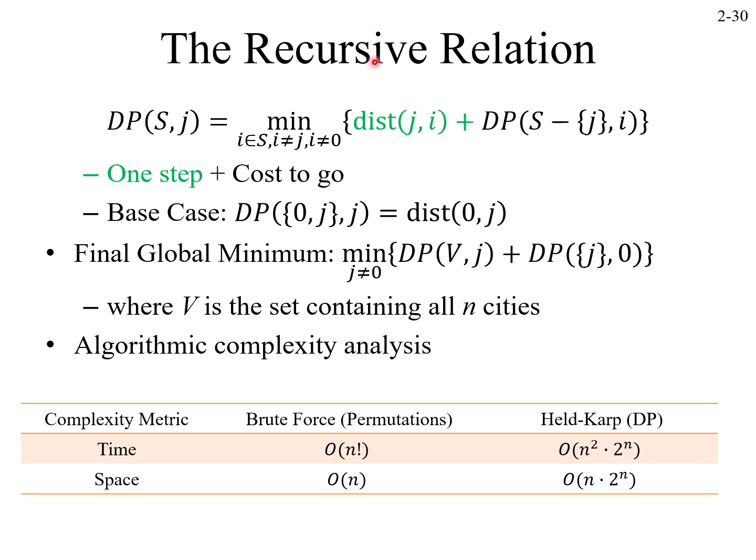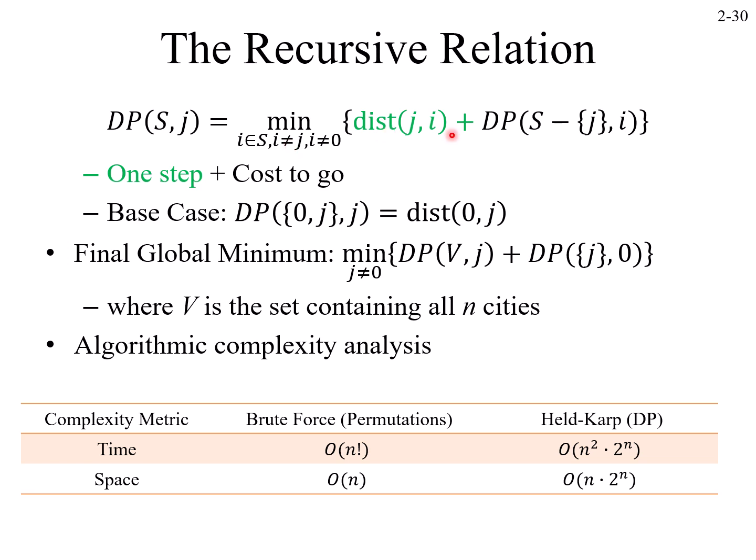So the recursive relationship. This is the subset that has been visited, and this is the final city, and it's the dynamic programming value. So we use one step. This is the final state, right? We go backward in time, and we visit i belonging to the set. And of course, i is not equal to j because every city must be visited only once.